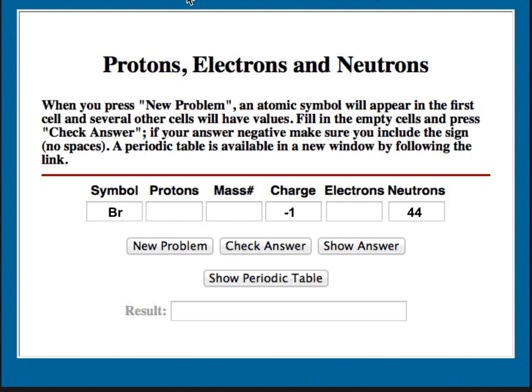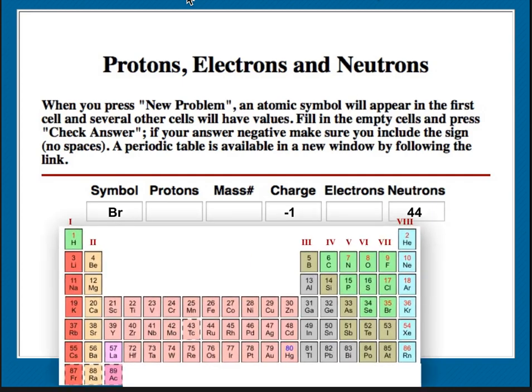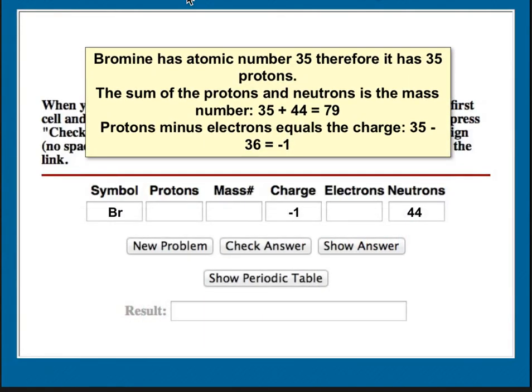Go ahead, do bromine. Bromine is in group 7, right there. Again, group 7 is here, bromine is here. The atomic number is 35. That means we have 35 protons.